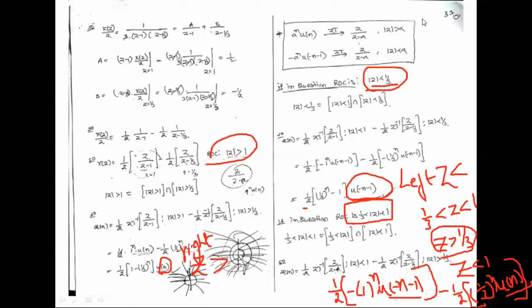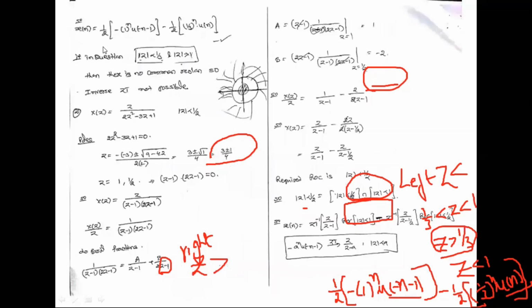Got it? See this. The last one: 1 by 2 into minus 1 whole power n mu of minus n minus 1, minus 1 by 2 whole power n mu of n. All the three terms: one time is greater than, another time is less than, another time is a range. Okay, my dear students.